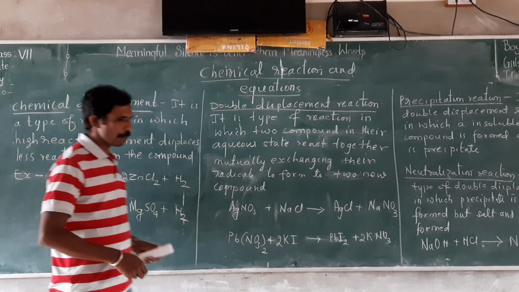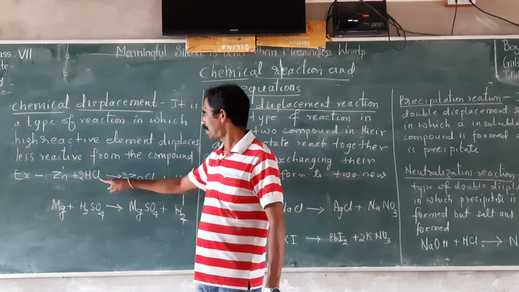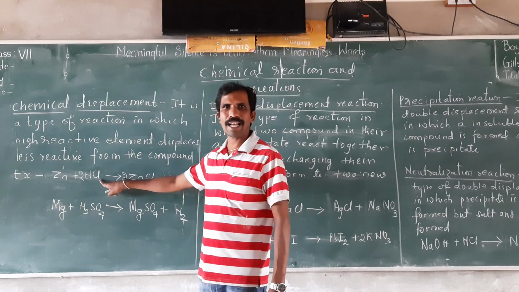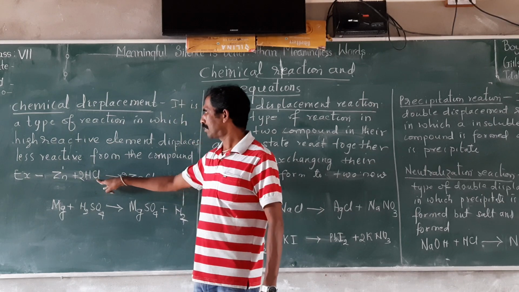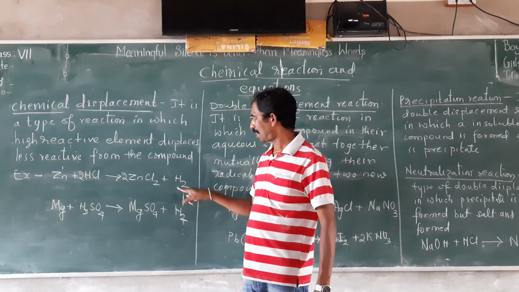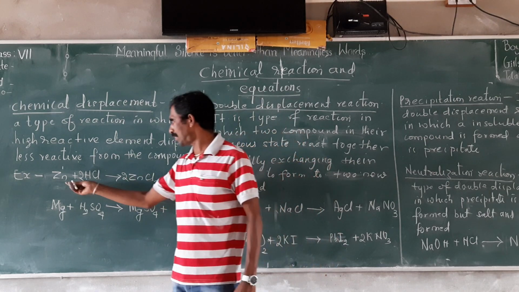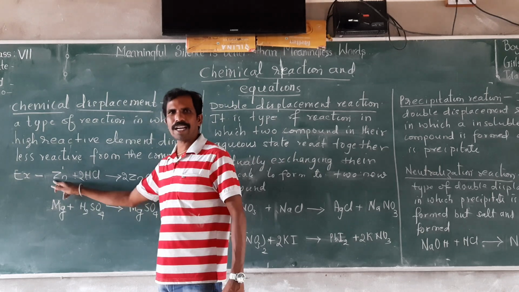If you take an example here, zinc is reacting with a compound called hydrochloric acid. During this reaction, zinc chloride is formed and H2 is liberated. Here, compared to hydrogen, zinc is a highly reactive element.